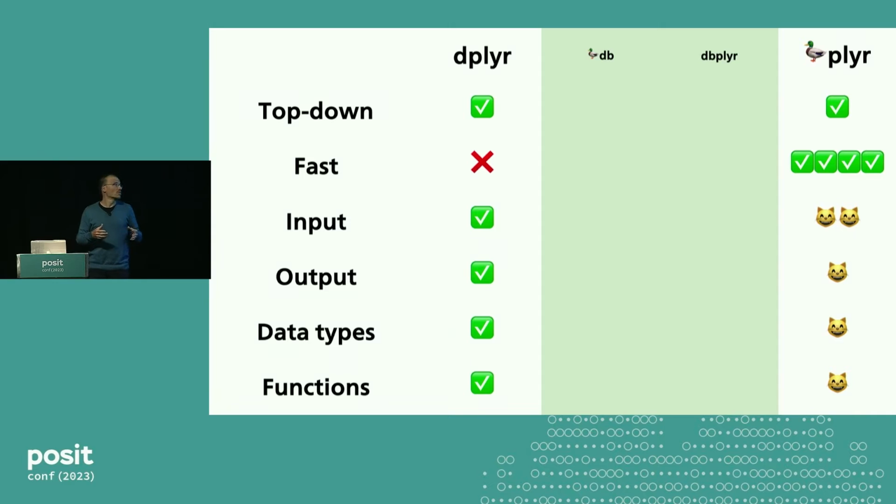My goal is to make all of your dplyr code work with duckplyr and make more and more of your code work faster, so that you can focus on what matters to you and achieve better results in less time, development time and computation time.